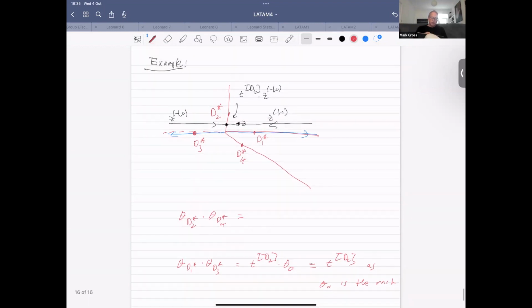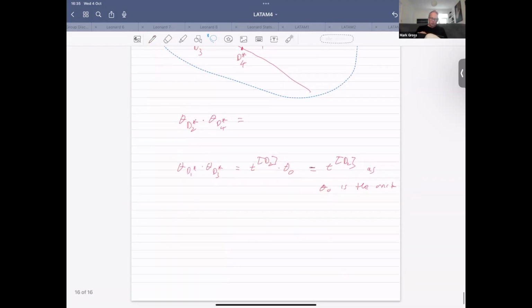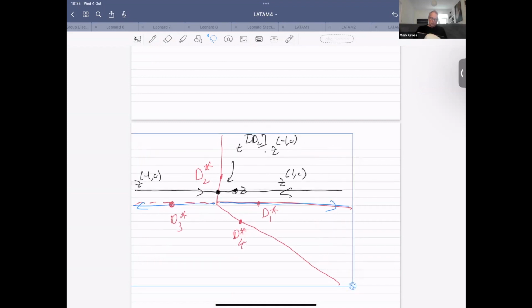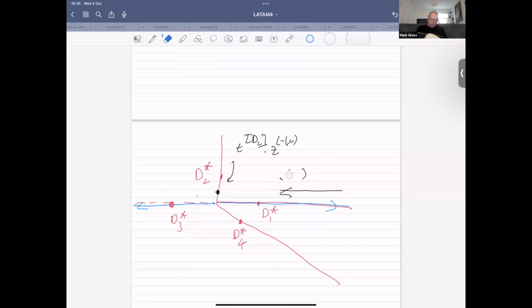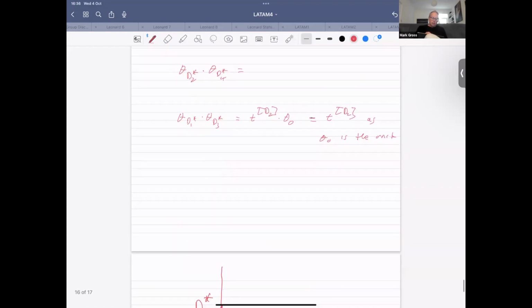Now, for the sake of not having incomprehensible drawings, let me take another copy of this. Now I claim here we have a slightly more complicated expression. Let me move this.